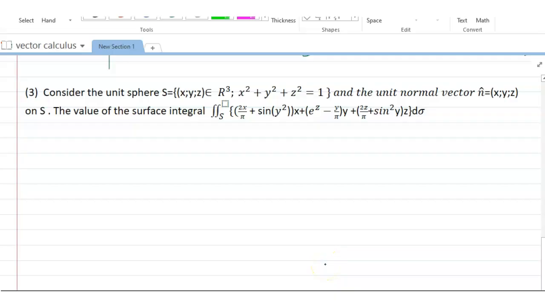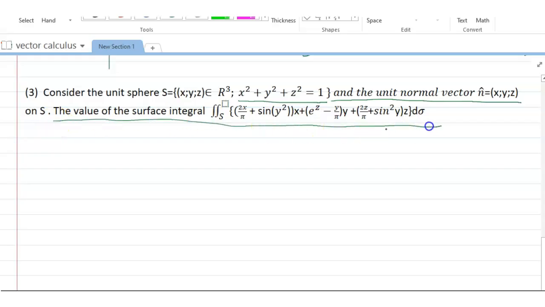Now we will solve another problem. Consider the unit sphere S: x square plus y square plus z square equal to 1, and the unit normal vector is n, and the surface velocity is this.